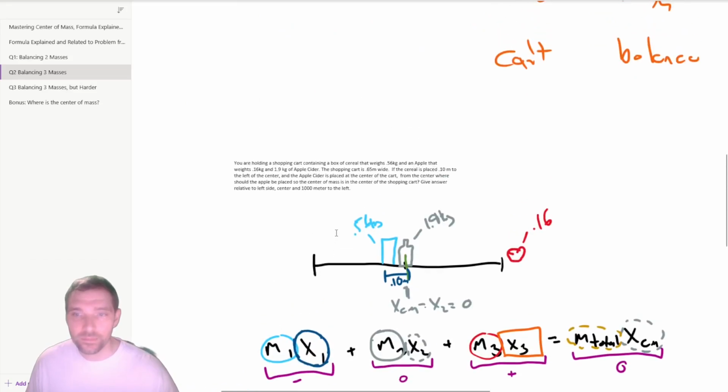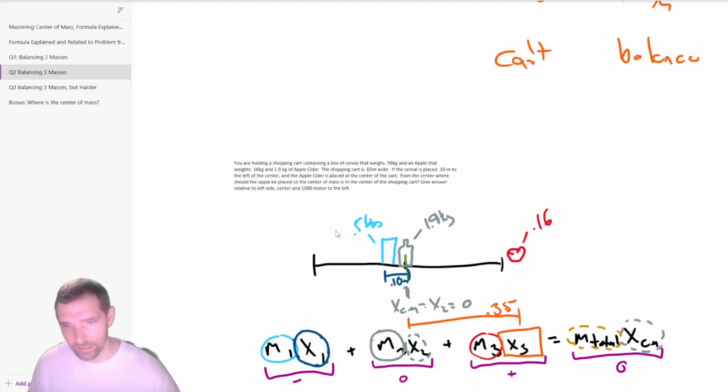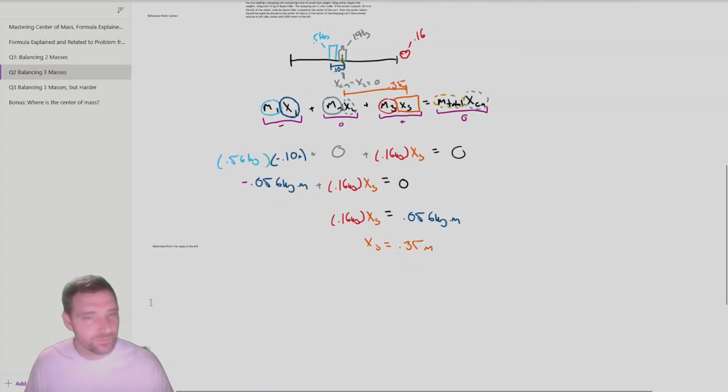But that does seem to match what we got in the previous problem, because you're saying that this distance is more than half the cart. Because remember, half the cart we had said was 0.325. So this is 0.25 past that. So it does seem to match our previous calculation on this problem.